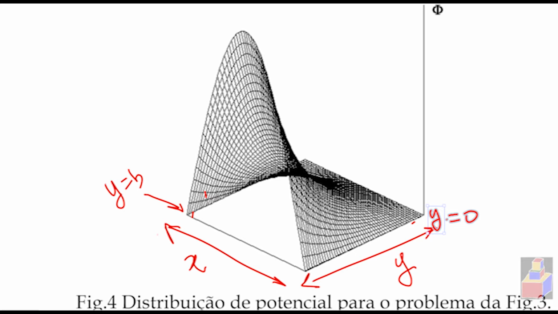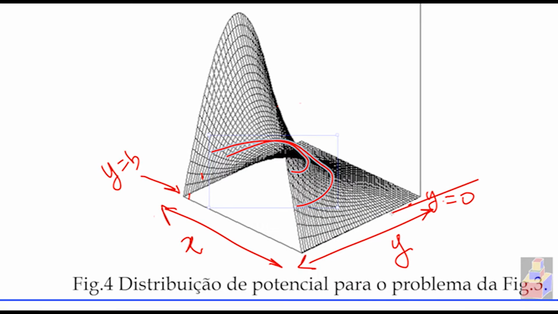If you make a cut, you're going to have a constant potential, equipotential lines like this. You're going to see those equipotential lines, and orthogonal to them you have field lines.